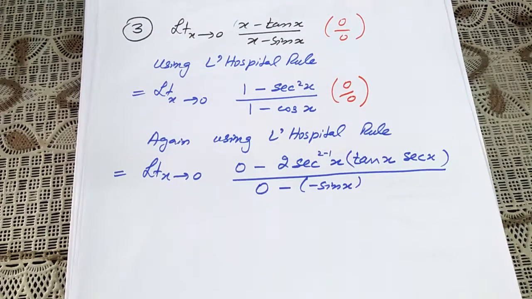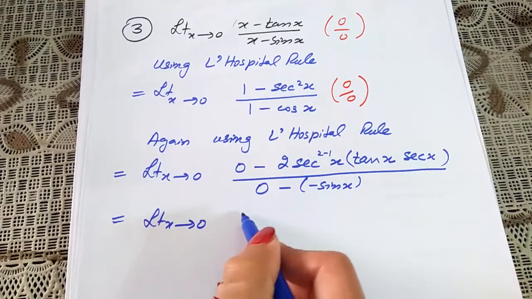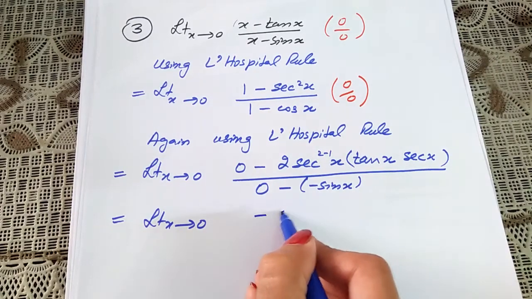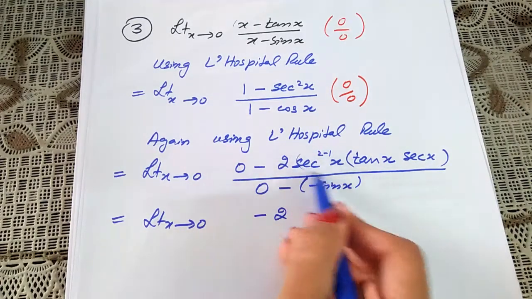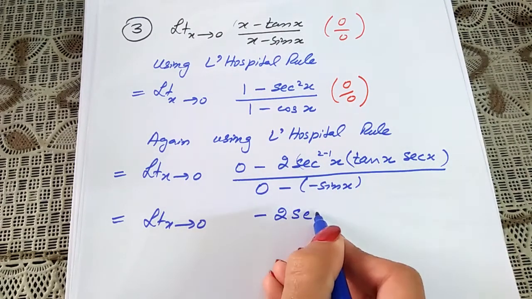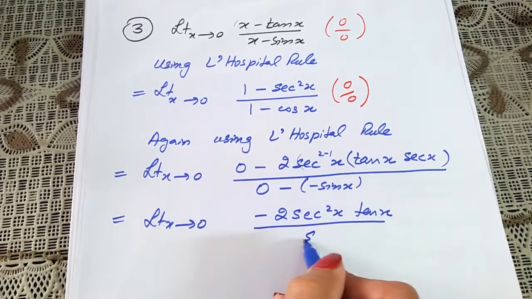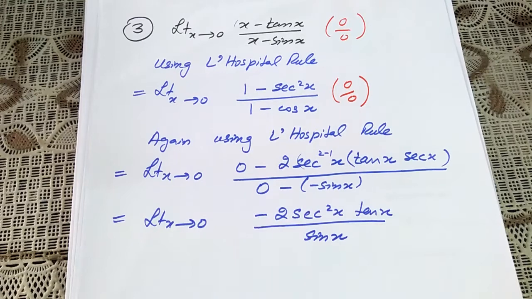Now just simplify it. We will get limit x approaches to 0 minus 2. We will get here secant x multiply with secant x. We will get secant square of x, then tan x divided by sine of x.